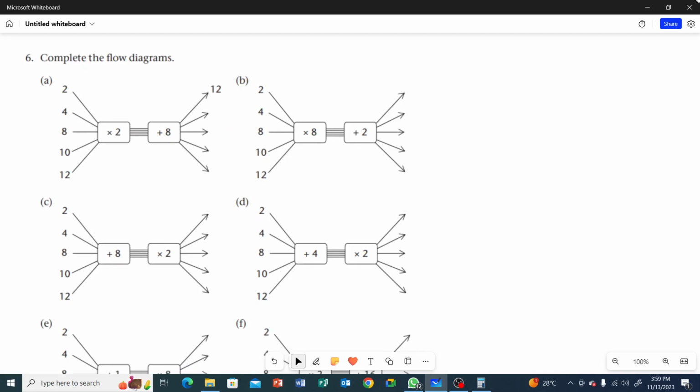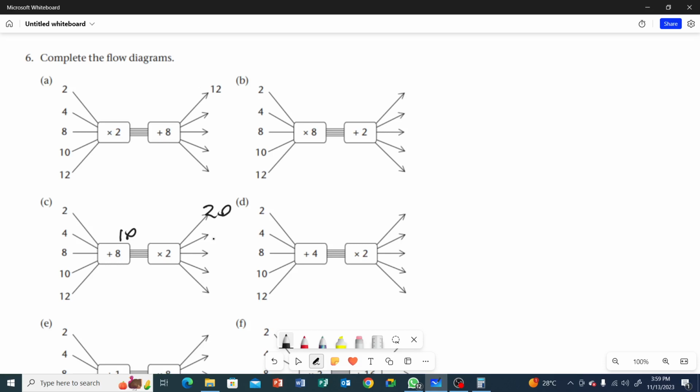Now you need to complete this flow chart. They did the first one for you. 2 times 2 is 4 plus 8, which gives you 12. Now same as the second one here, 2 plus 8 is 10. On number C, 2 plus 8 is 10, 10 times 2 is 20.